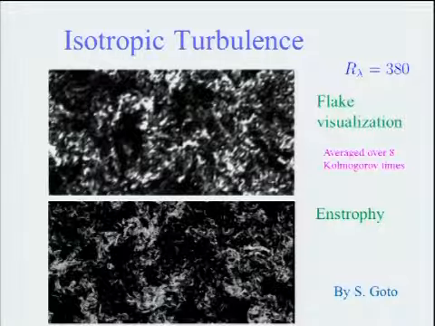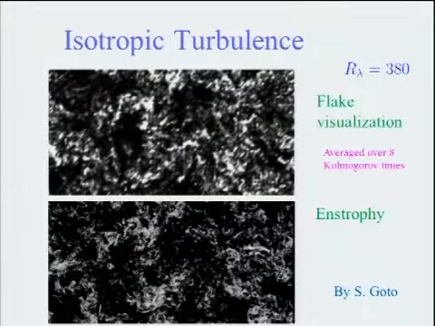So after 8 Kolmogorov times, the elementary vortices rotate. So we can see the bright flakes, which have some probability of reflecting the light toward us.